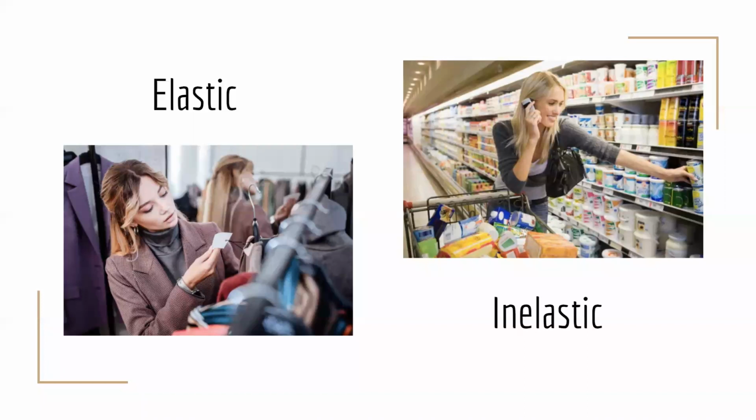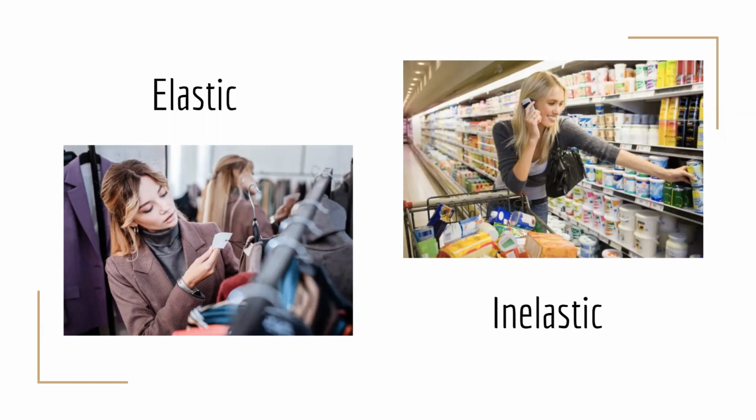Now you might see that there are actually 2 different kinds of products, depending on how the price affects our decision: elastic and inelastic. For elastic products, we decide whether to buy the product or not depending on the price, and usually luxury or extra products go into this category.